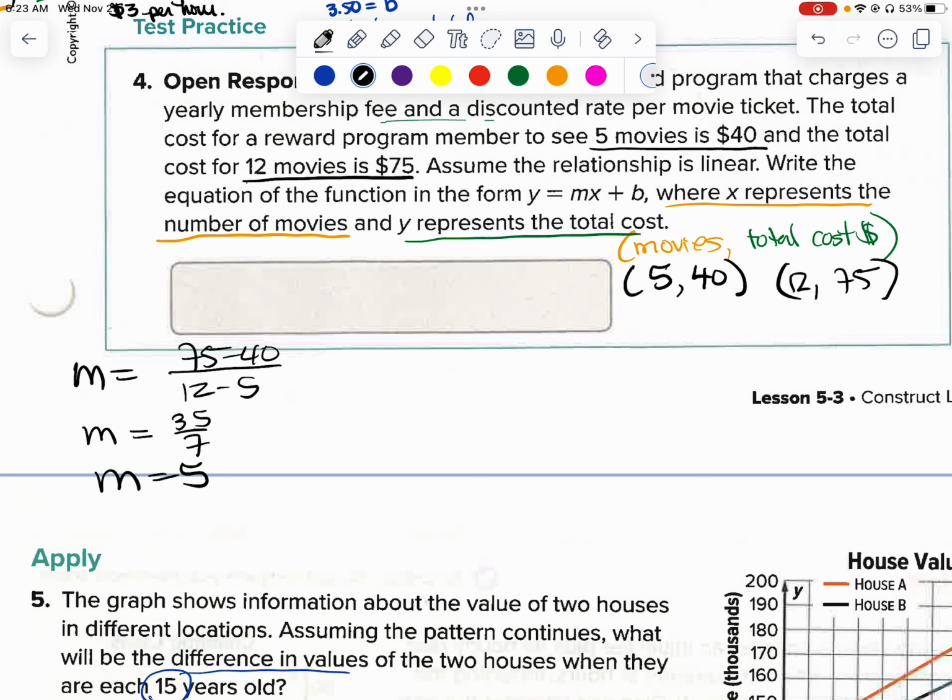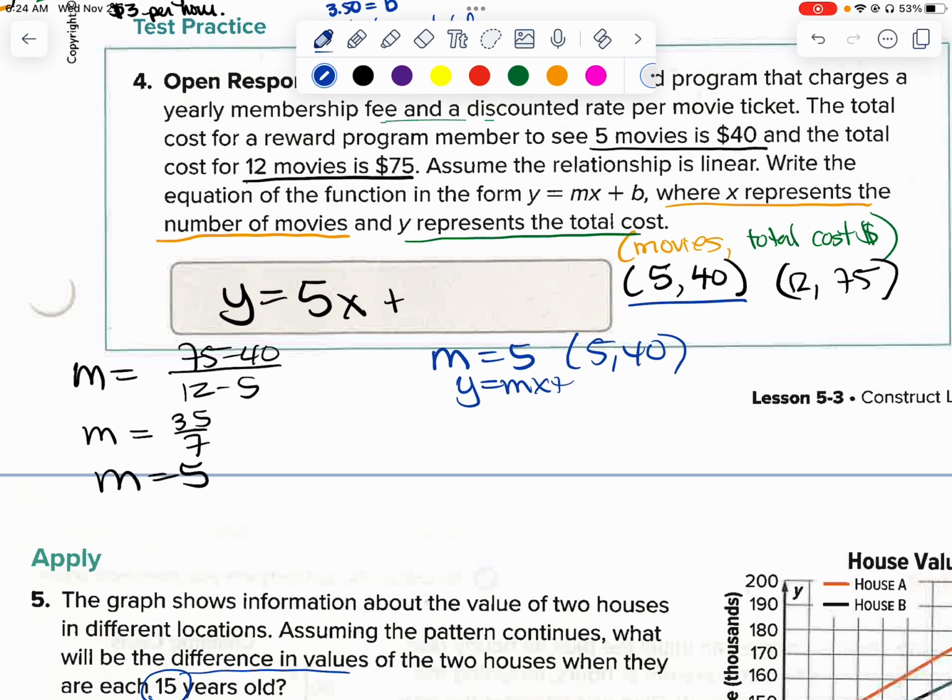Now it's not asking me to interpret anything, so I can just start off. M value is 5. Okay, we got that. Now we have to find the B value. So I have a slope of 5. I'm going to use this point right here, 5, 40. I have y equals mx plus b.